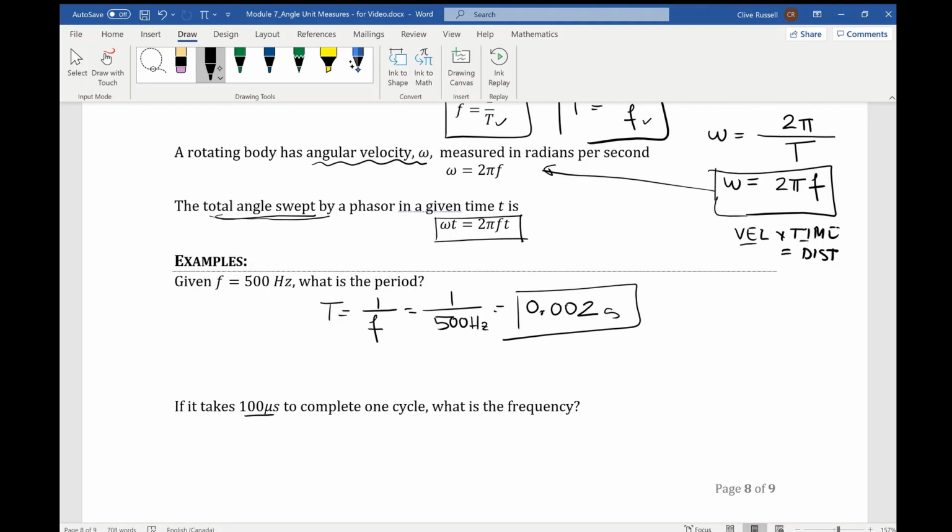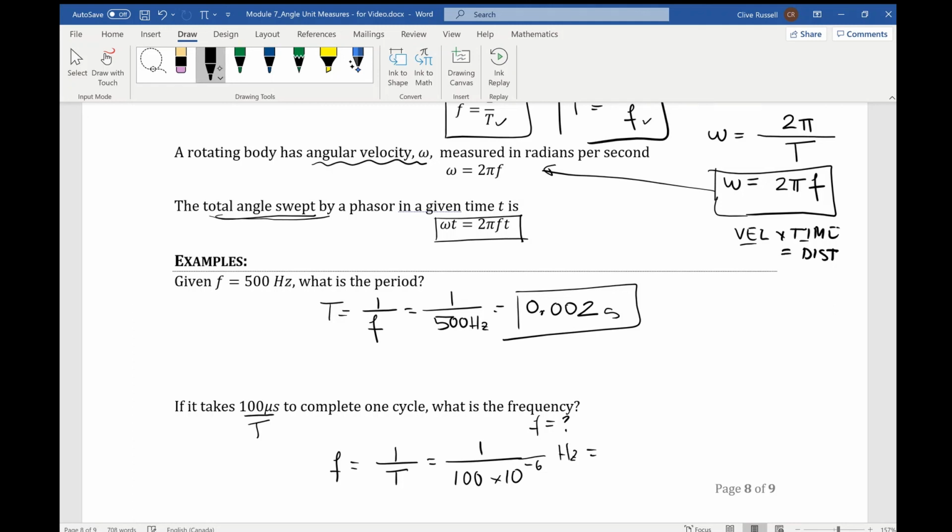What is the frequency? You could see that microseconds is a time, so that's the time there. We want to find the frequency. We know that frequency is 1 over time. So it's 1 over 100, but micro is times 10 to the negative 6, and that has to be in hertz.